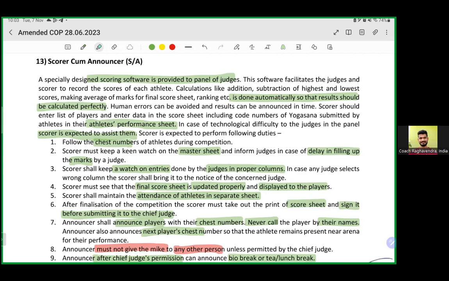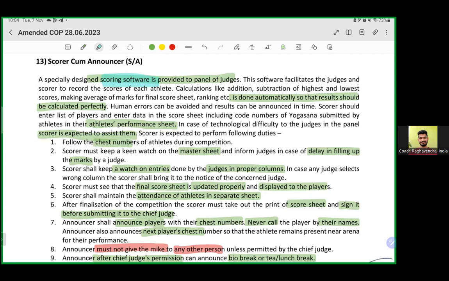If it is software, all the scores and calculations are done by the system itself, and it is very helpful so that we can overcome human errors. Sometimes it happens, people take advantage of calculations and misuse that opportunity to make another person profit from the scoring. If it is a software scoring system, we can overcome such things.